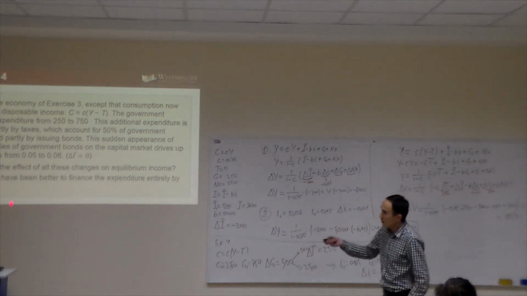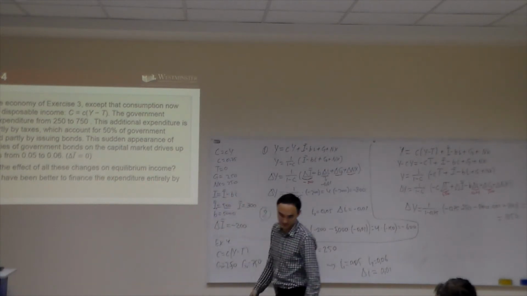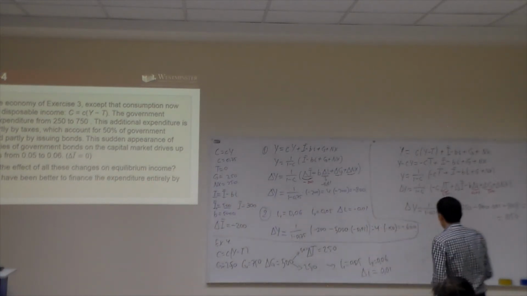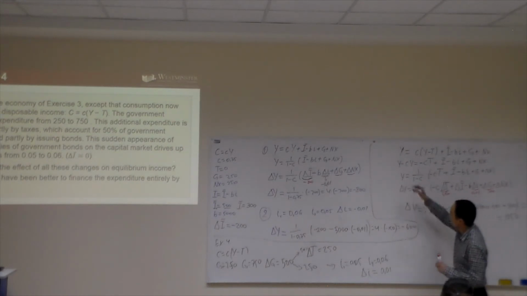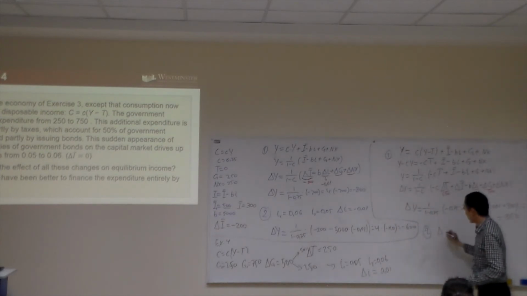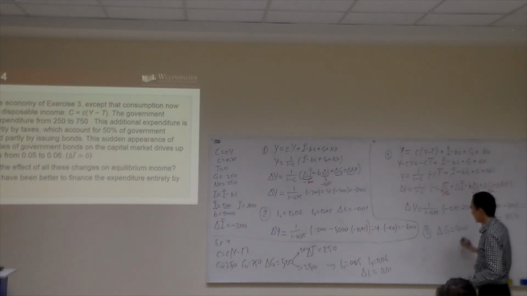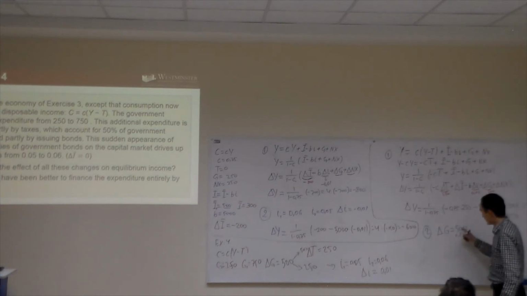Next question. Would it have been better to finance the expenditure entirely by taxes? So the government is going to increase government spending by 500 units, and it is going to finance these 500 units only by taxes, so the tax is also 500.